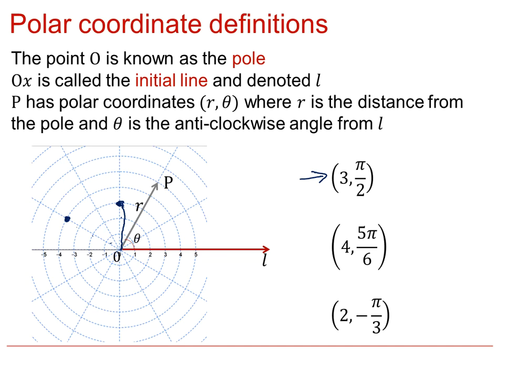We could just leave it as (4, 5 pi by 6) there. For (2, minus pi by 3), you can see that in this case the angle is negative, so we would go in a clockwise direction, and that would give us this point here.